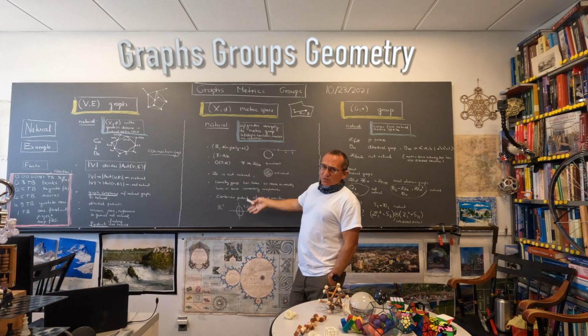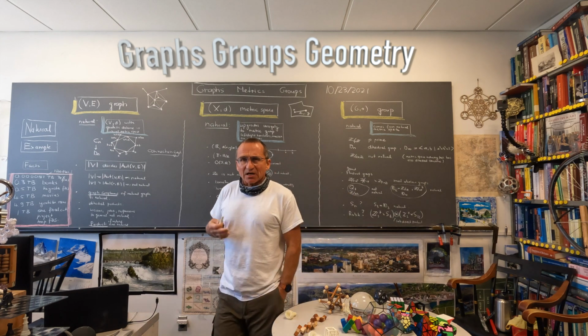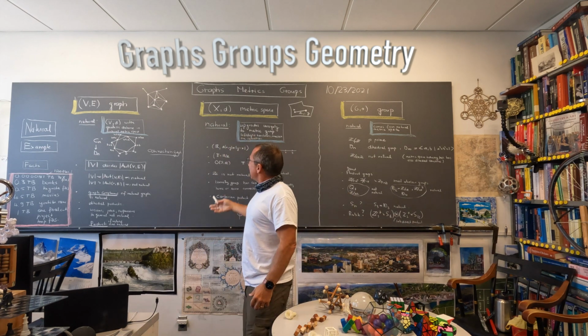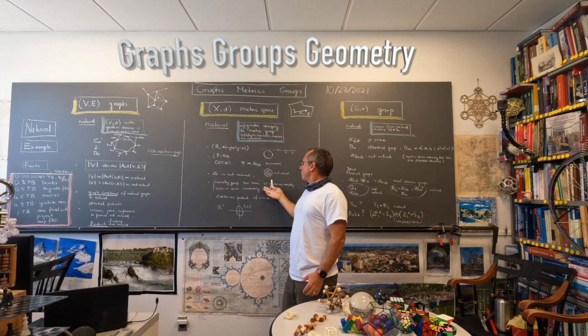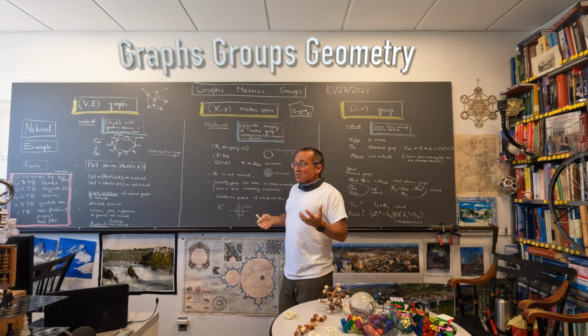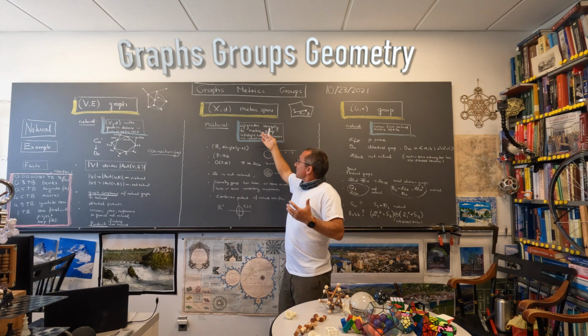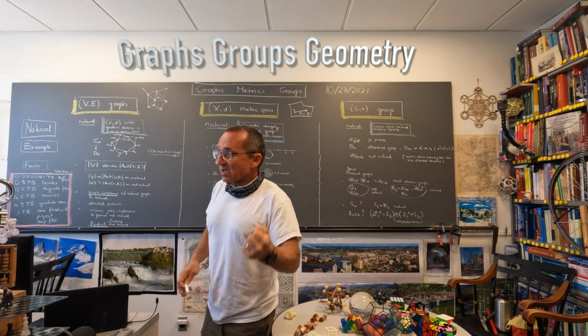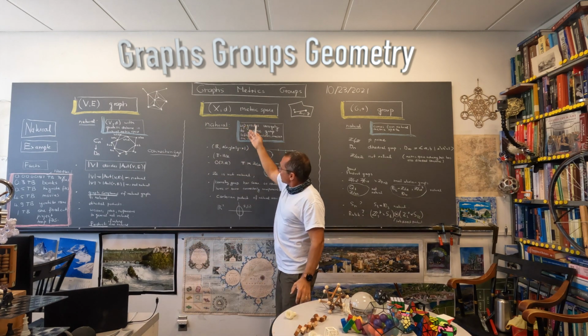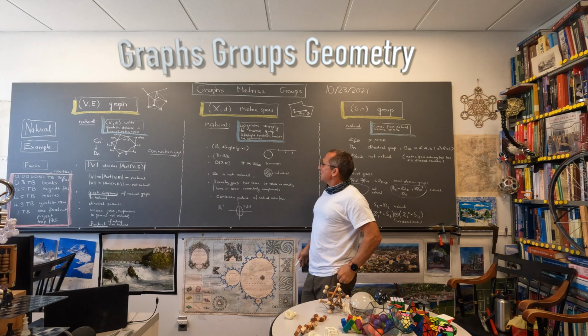Most spaces, of course, are not natural. We need some large symmetry. We need the symmetry group. That's what I wrote down here. The isometry group has to have at least the cardinality of the space itself, because the space itself will then be part of this isometry group.